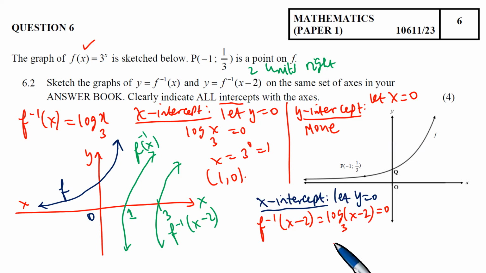So which means x minus 2 equals 3 to the power 0, which means x is equal to 1 plus 2, which means x equals 3. So it confirms that the x-intercept of f inverse of x minus 2 is going to be 3. Okay, so we are done.